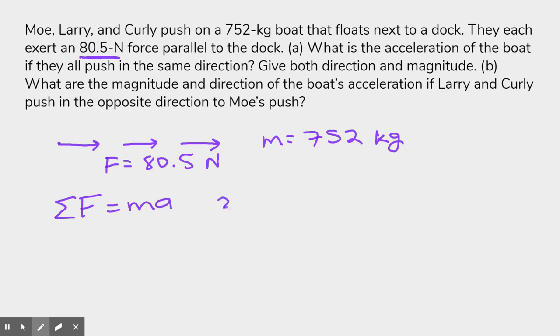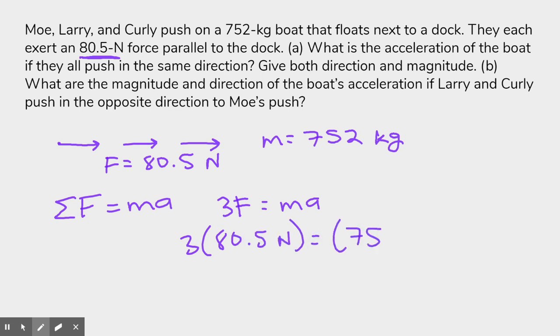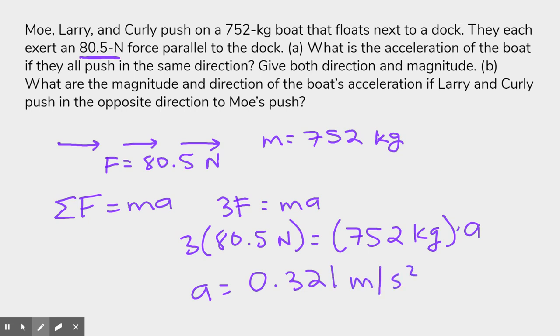So I'm just going to say 3F equals mass times acceleration. So that would be 3 multiplied by 80.5 equals 752 kilograms times the acceleration. And when you solve for acceleration and report your answer to the correct number of significant figures, you find that acceleration is equal to 0.321 meters per second squared.